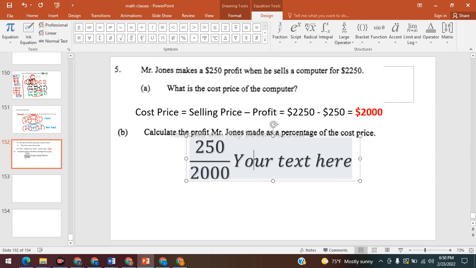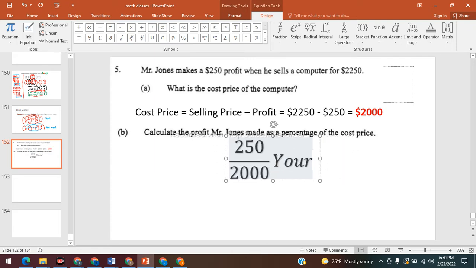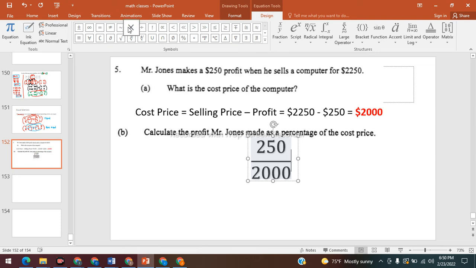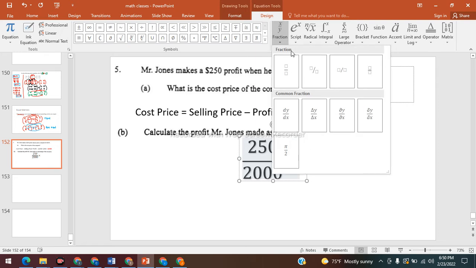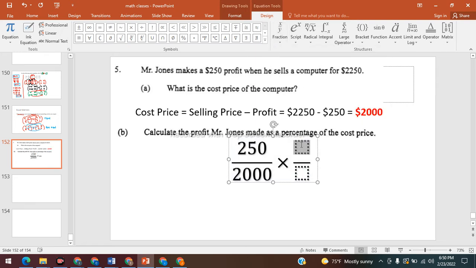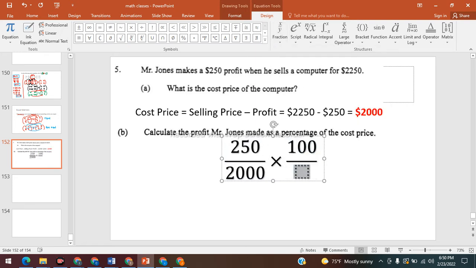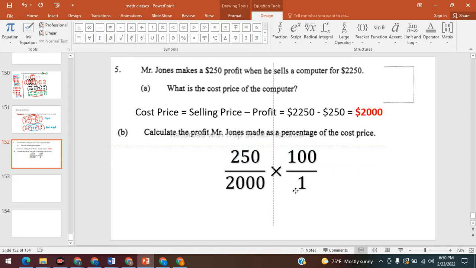What are we going to do with this? Multiply by 100 over 1. Very good, Miss Cooper. We multiply by 100 over 1 because we're trying to change it into a percentage.